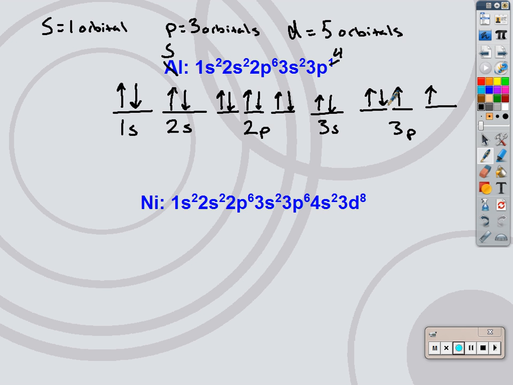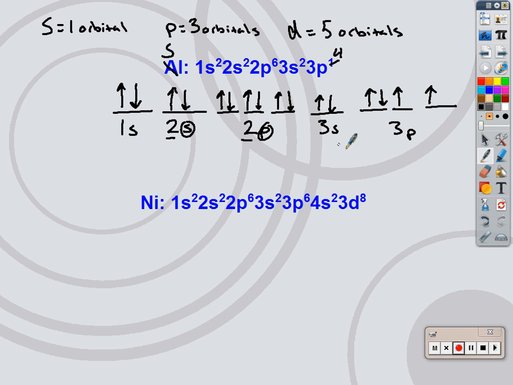Interpretation-wise, it's the same as interpreting a regular one. We have 3 energy levels. The first level has 1 orbital, the s orbital, and it's got 2 electrons in it. The second level has 2 orbitals, the s and the p. The s orbital has 2 electrons in it, the p orbitals are full, with a total of 6.